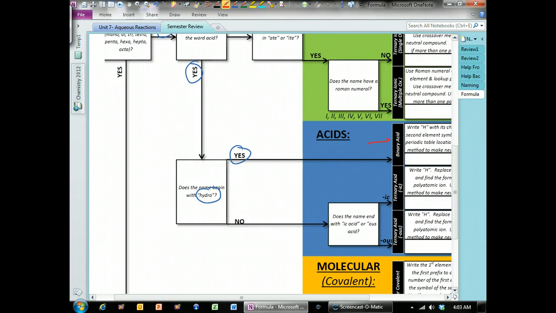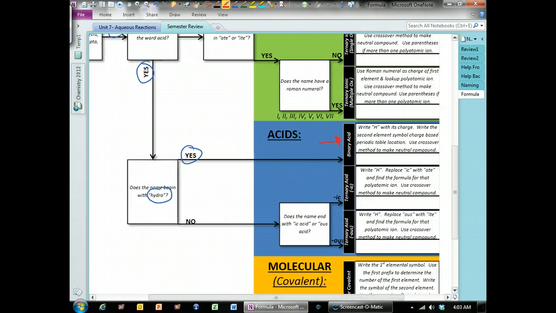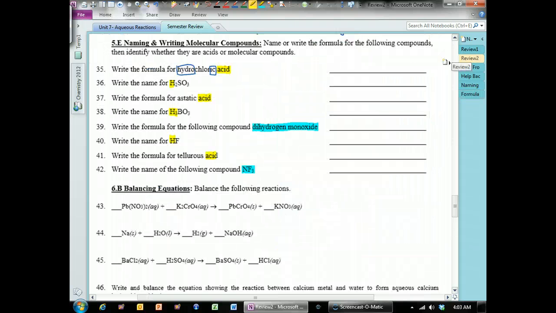So for a binary acid, writing the formula, you're going to write H with its charge. H is +1. Then you're going to write the second element symbol's charge based on the periodic table location. What they mean by that is when you look at the name, the only thing left over is this chlor.